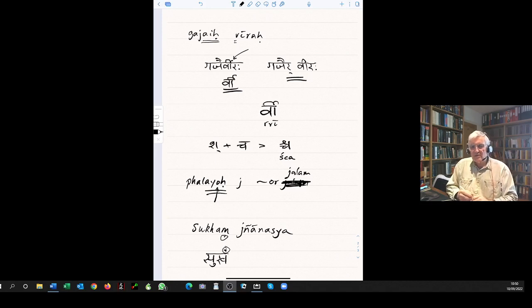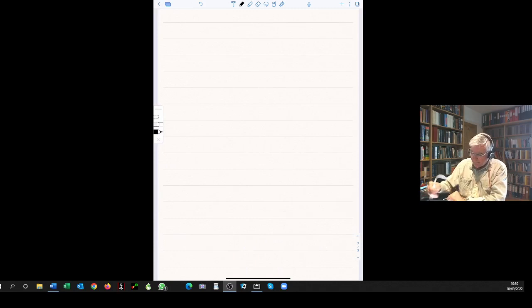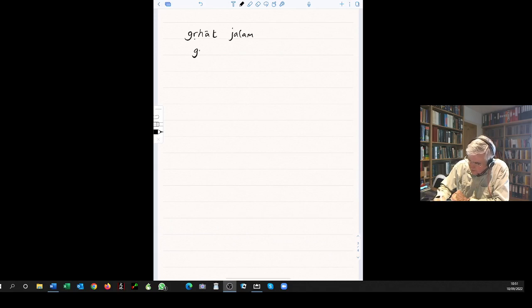Where you have a final t followed by a j, the t merges into the j, and that is why you have grihad jalam. I'll write it in Roman for you, without sandhi first. Grihat, from the house, jalam, water, becomes grihad jalam.